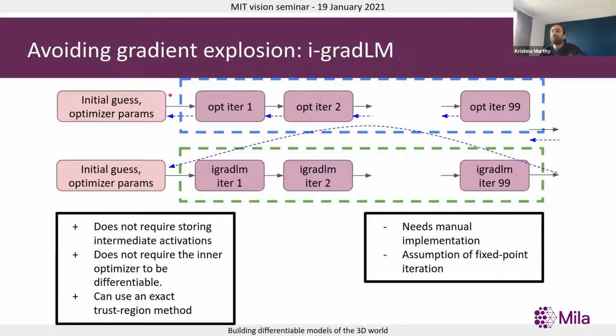So it's not memory intensive, and it doesn't require you to store intermediate activations. And importantly, it will not require the optimizer to be differentiable. We went through the pain of designing GradLM because we needed differentiability. But if the gradient computation won't depend on the optimizer, we can now use a full trust region approach, like a standard off-the-shelf LM solver.